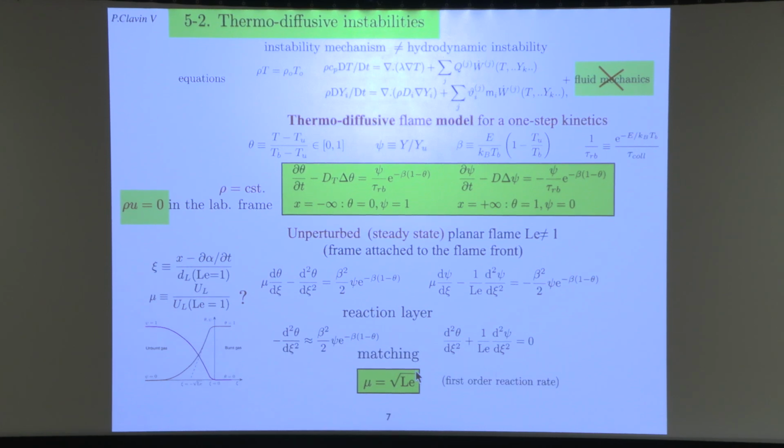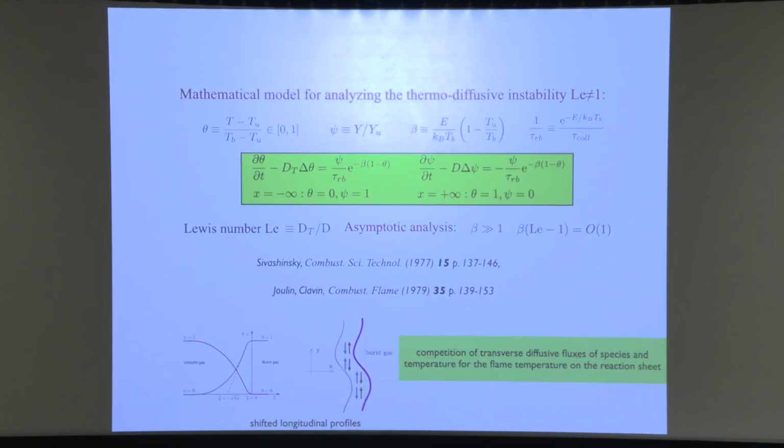When you take into account that the Lewis number is not equal to 1, I remember, maybe it is not written, the Lewis number is the thermal diffusivity divided by the molecular diffusivity. Okay? This is what is called the Lewis number. And this is different from 1 in that case.